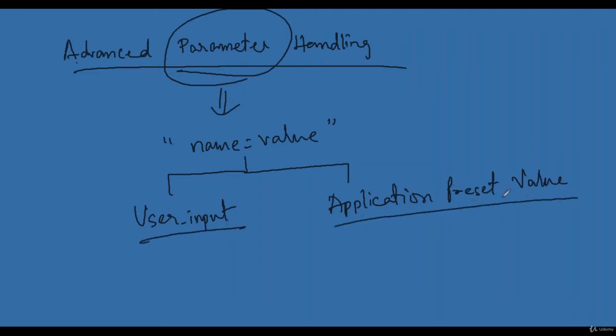And applications with preset data are those wherein the parameter value can only be one of the preset values which have been defined in your application. So if your application says that for this parameter, let's say pay, it can have values from pay 1, pay 2, and pay 3, then from a user perspective, you can only choose any of these three values.